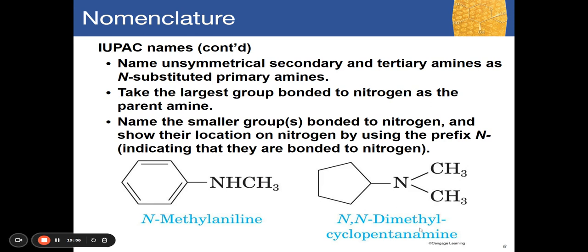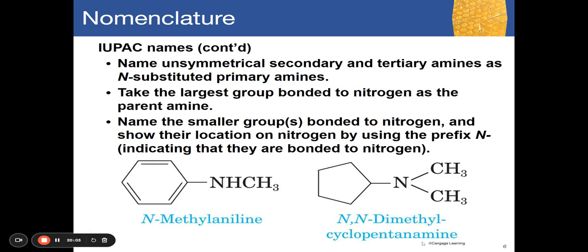For this one, the large group is this pentanamine, right? This is a cyclopentane attached to a nitrogen, which is an amino group. So this is cyclopentanamine, right? And there are two more substituents here, small groups, which we will not use as a parent kasi mas malaki yung ating cyclopentane. So these will be your methyl substituents.